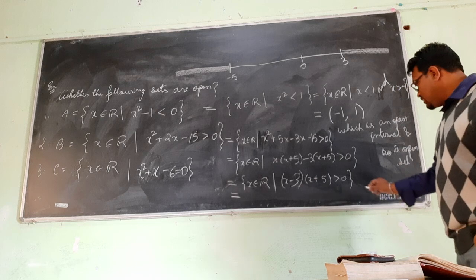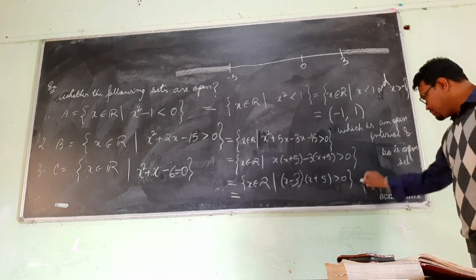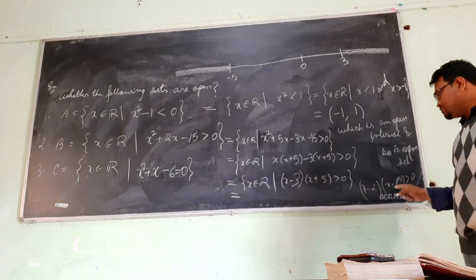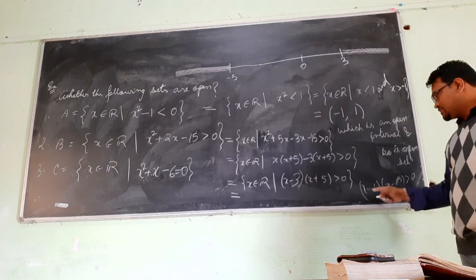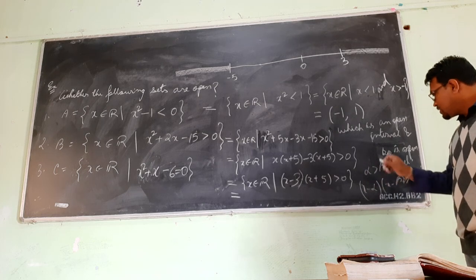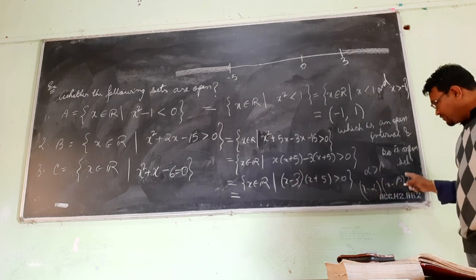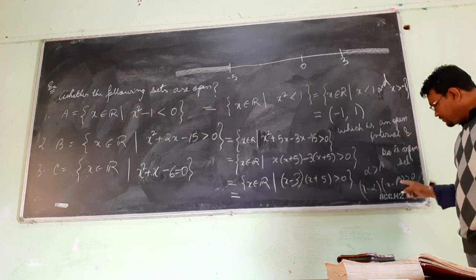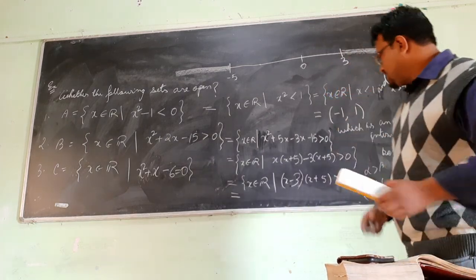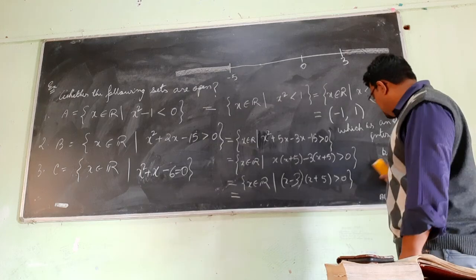These are actually standard results we have done in inequalities. x minus alpha into x minus beta, if it is positive, then x belongs to, say alpha is greater than beta, alpha to infinity union with minus infinity to beta. So x is either greater than alpha or less than beta.